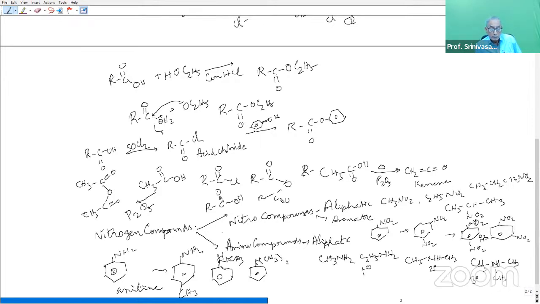These amines are prepared by usually reduction of nitro compounds.